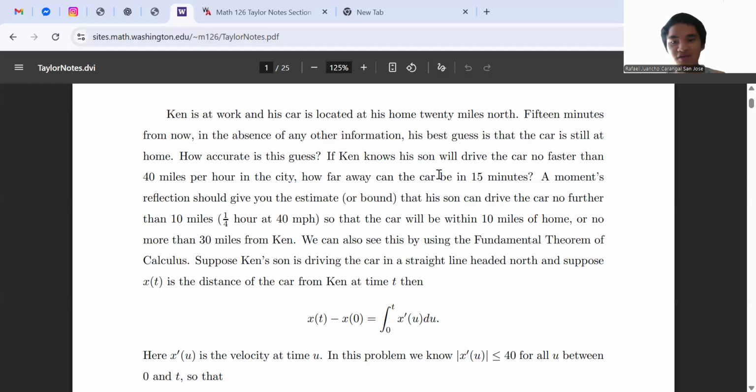If Ken knows his son will drive the car, so if his son will drive his car no faster than 40 miles per hour in the city, how far away can the car be in 15 minutes? A moment's reflection should give you the estimate or bound that his son can drive the car no further than 10 miles, or 1/4 of an hour at 40 miles per hour.